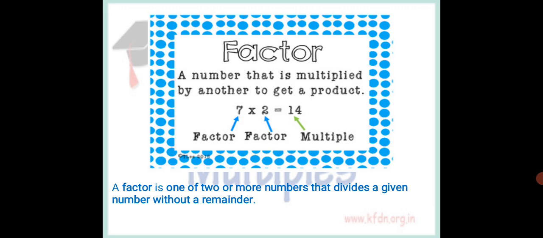Listen to it carefully. So here among these two numbers, 7 and 2, these are said to be the factors. And either 7 or 2, any of these two numbers can divide 14 without leaving a single remainder.